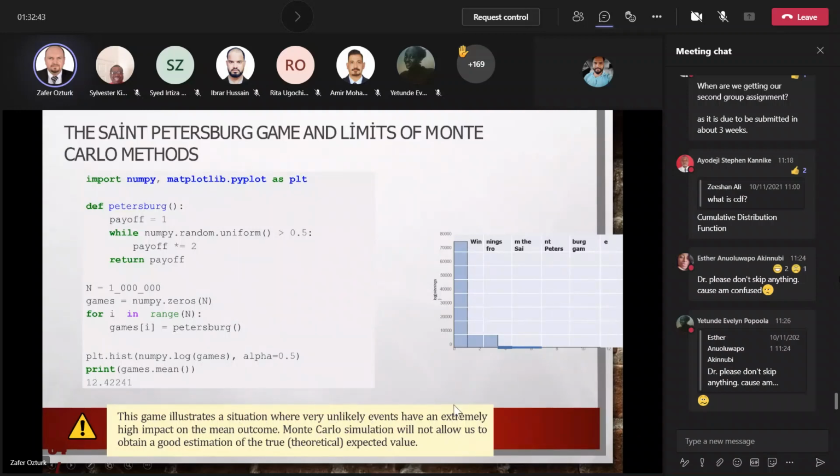Monte Carlo simulation will not allow us to obtain a good estimation of the true, or let's say expected, value. Because of the graph we have mentioned, the distance towards the ends of the graph distribution is not equal.